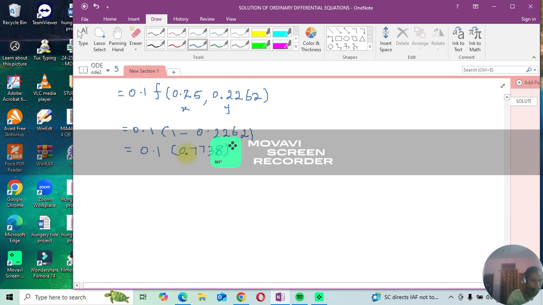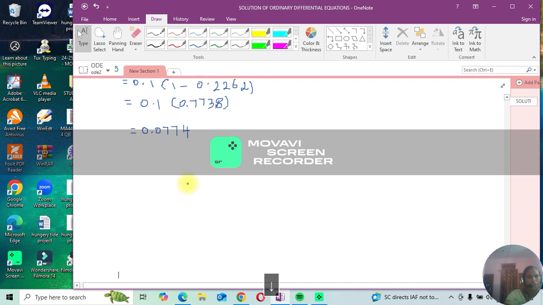Now multiply this with 0.1: 0.07738. I consider only 4 decimal places, so we have 0.0774. So this is K3. Next we find K4.